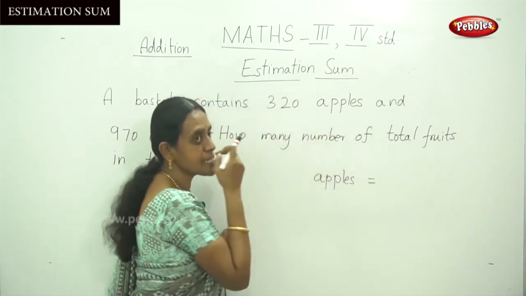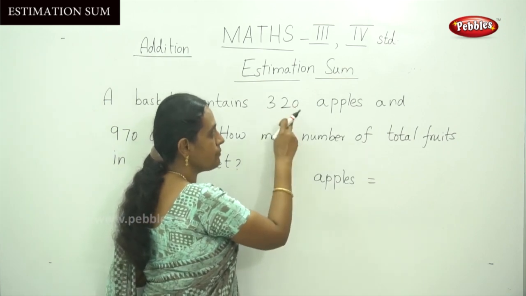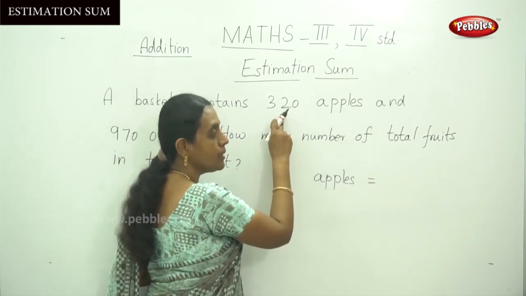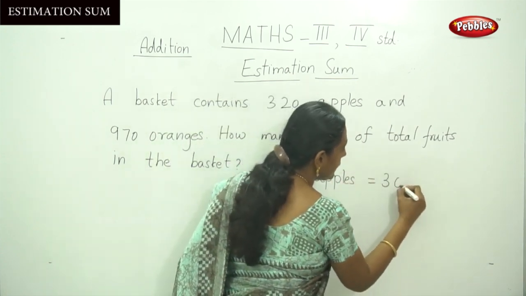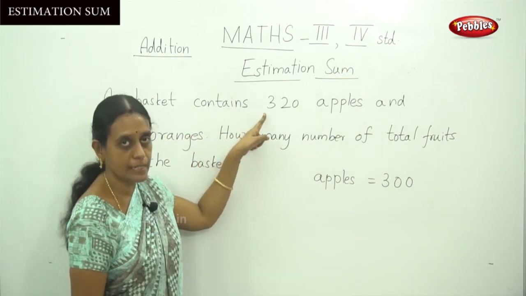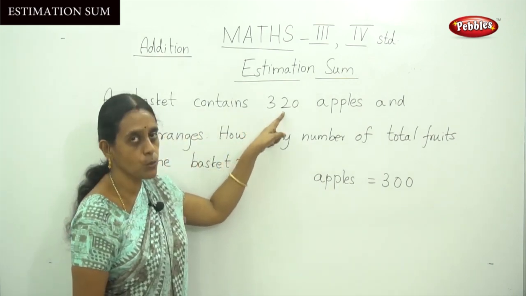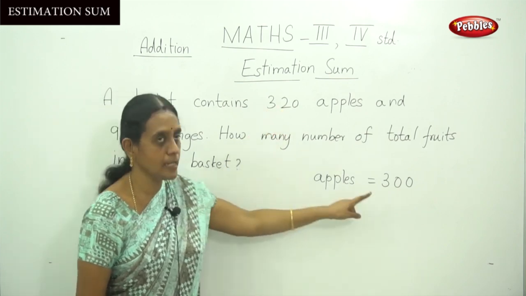Rounding off to the nearest 10, the digit 0 is lesser than 5, so write down the same number, that is 300. Rounding off to 100, observe this 2 is less than 5, so write down the same 100, that is 300.